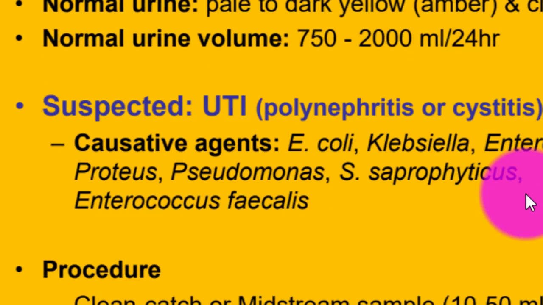Urine. Normal urine appearance is pale to dark yellow, amber, clear. Normal urine volume is about 750 to 2000 ml per 24 hours. If we collect the urine for 24 hours, or 1 day, this is the normal amount.